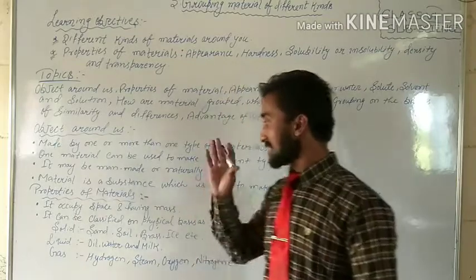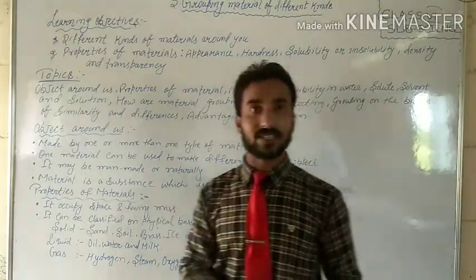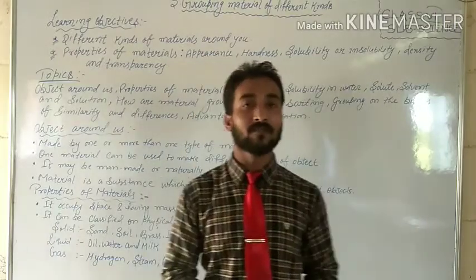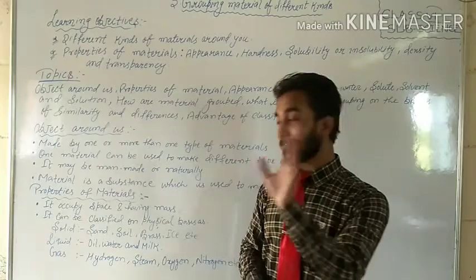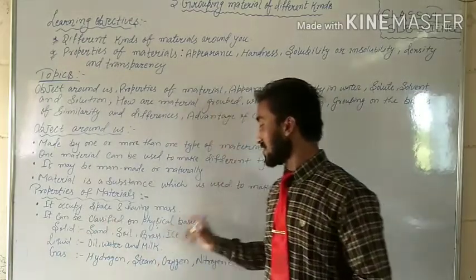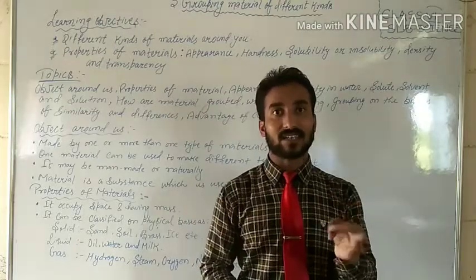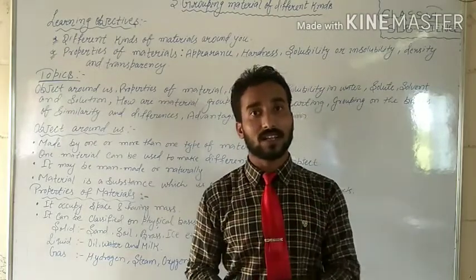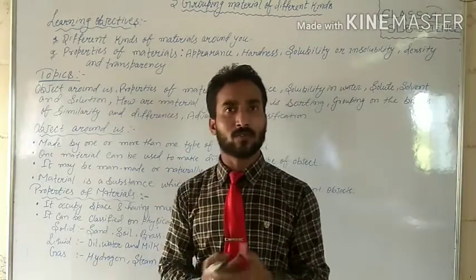Okay, students. Number two: materials can be classified on a physical basis. What is the physical basis? Their appearance: either they are solid, liquid or gas. If I talk about solids, around us there are too many solid substances.